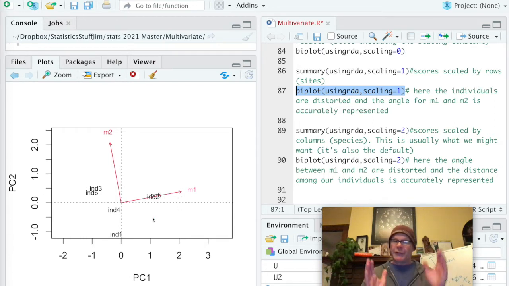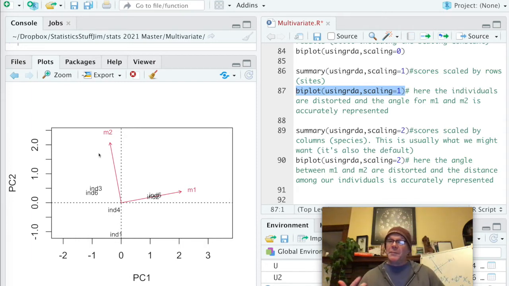And so just looking at this biplot here, you could look at this and say PC1 is dominated by M1. Whereas if we were to flip our heads around and look at M2, M2 is much closer to being parallel with PC2, right? And it's really long. And so it is heavily loaded on to PC2.